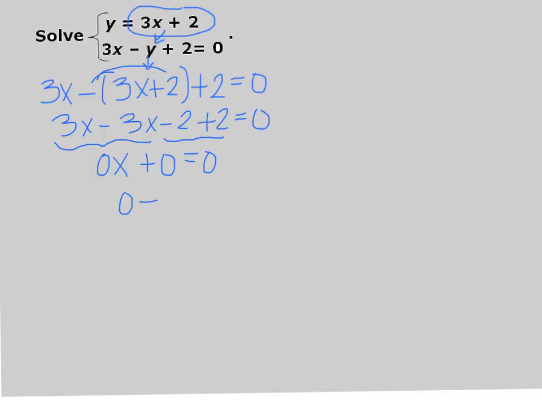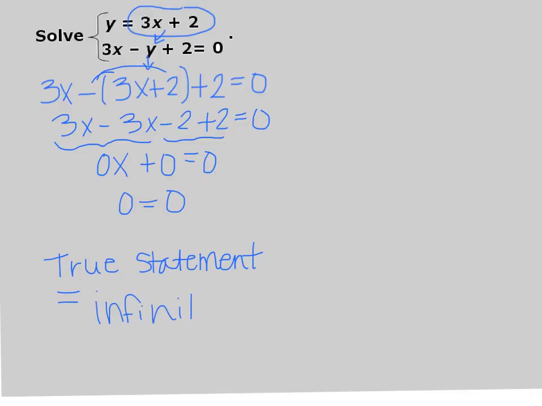So we end up with a true statement, 0 equals 0. And like we had talked about in the very first example, a true statement equals infinitely many solutions for your answer.